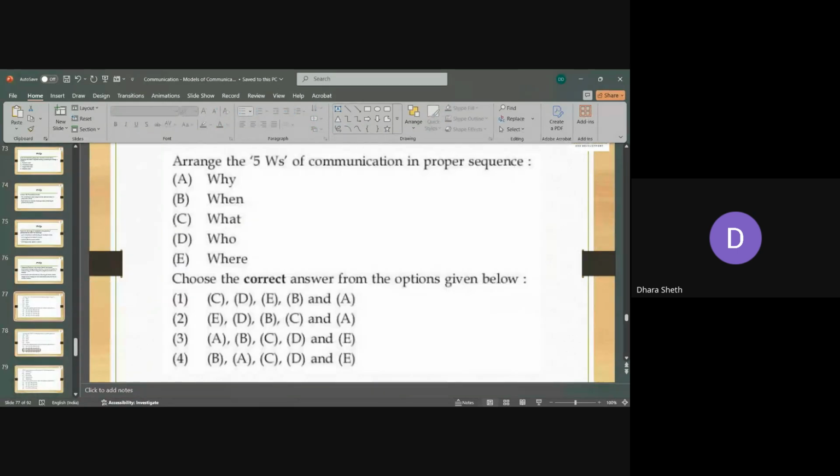Now this is a question asked, and it is a rote memorization question. Arrange the 5 W's in proper sequence: why, when, what, who, what.